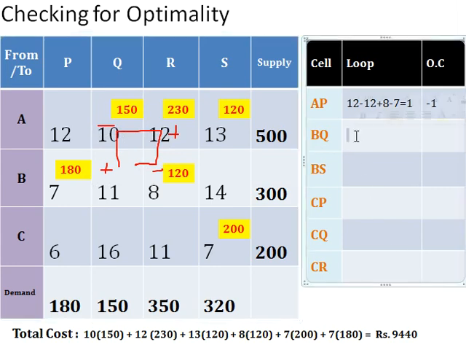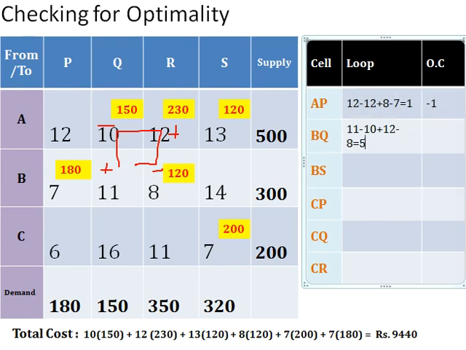So we can have loop value here is 11 minus 10 plus 12 minus 8. So that will be equal to 5, and opportunity cost we can have is minus 5.